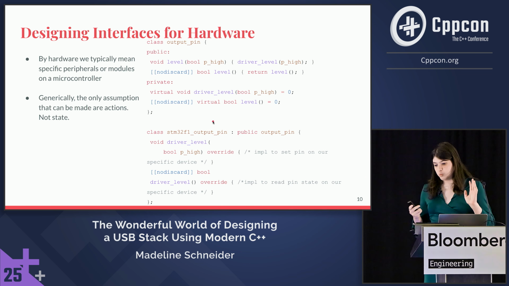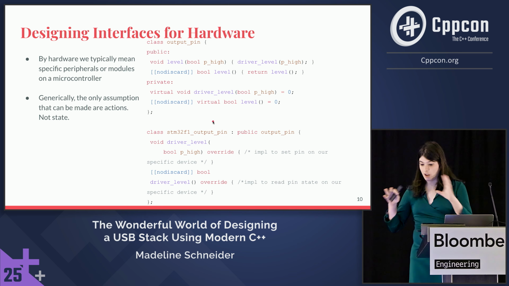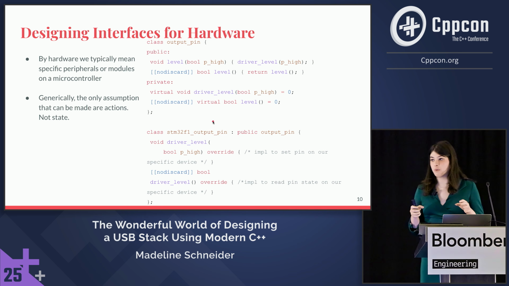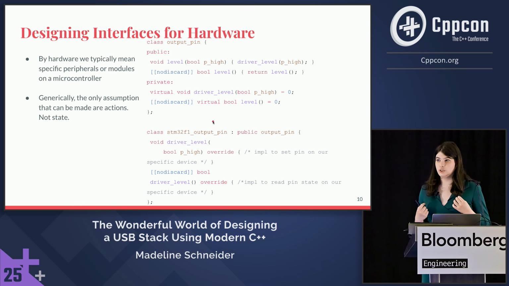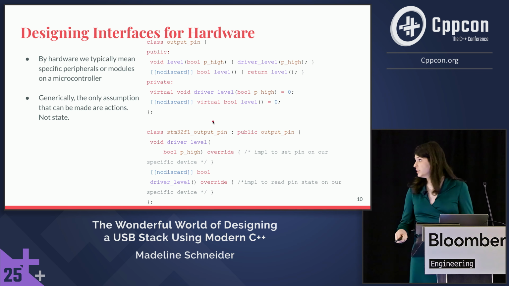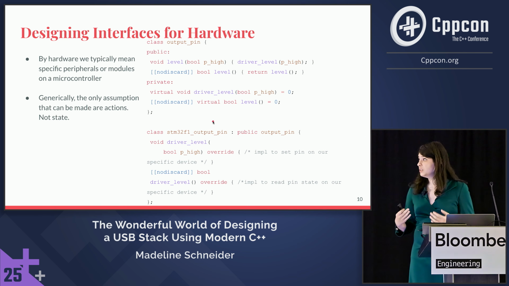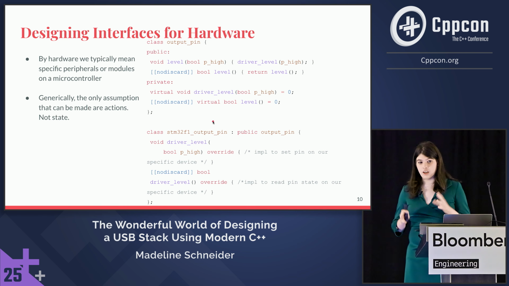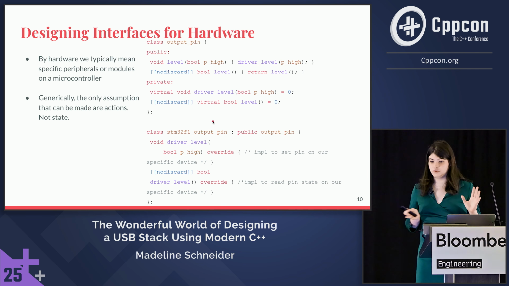When you think about hardware in the abstract sense, you can't think about what properties or what state it could have. You kind of have to only assume, what can this thing reasonably do? In this case, this is an example using an output pin interface. The output pin is very simple.